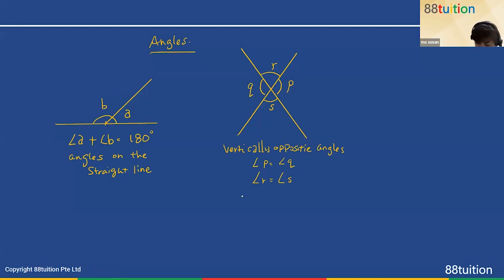So I apply these angles on a straight line here. What do I mean by angles on a straight line here? Which straight line can you see here? Now, which two angles will give you 180? Angle P plus what? Who can tell me over the chat function?